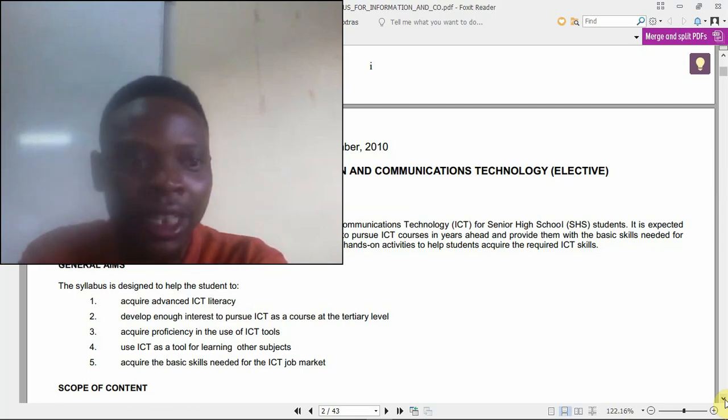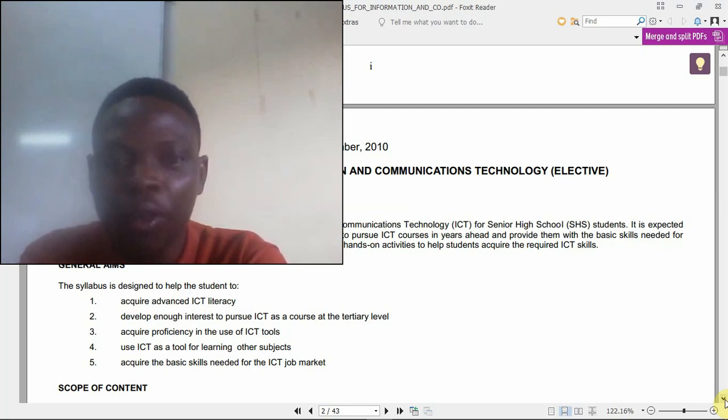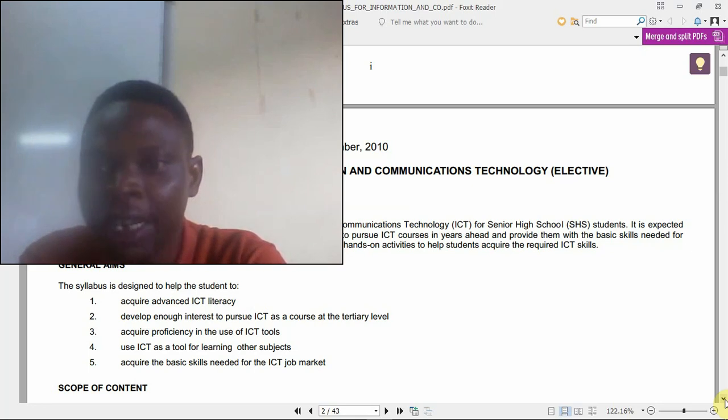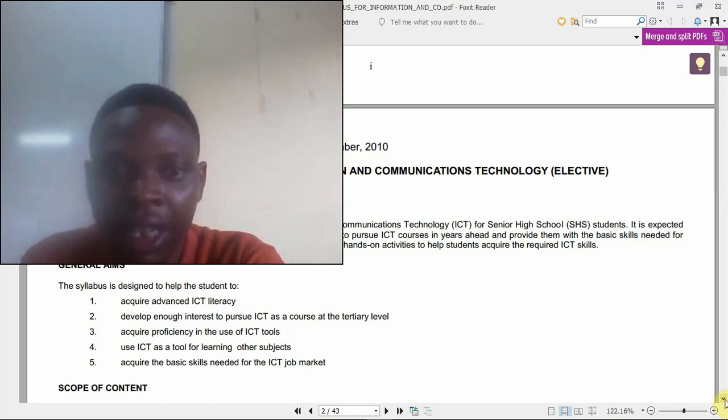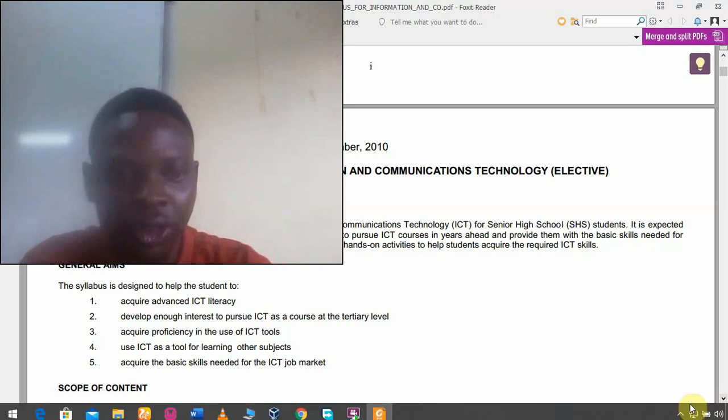It is expected that the knowledge and skills gained in this course will prepare students to pursue ICT courses in years ahead and provide them with the basic skills needed for the ICT job market. The syllabus covers selected topics in ICT, which offers hands-on activities to help students acquire the ICT skills.